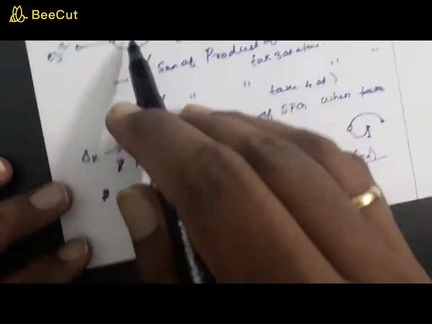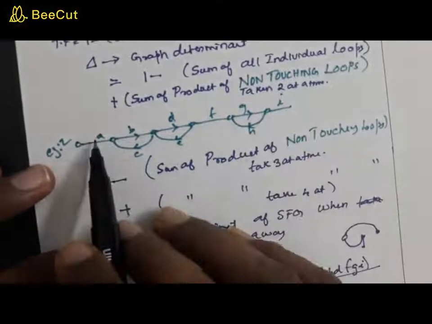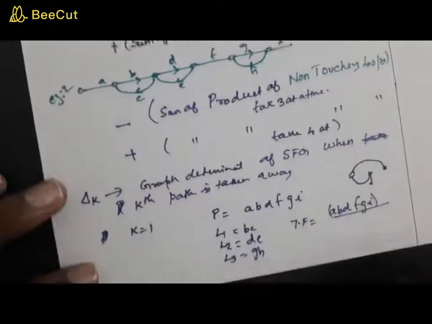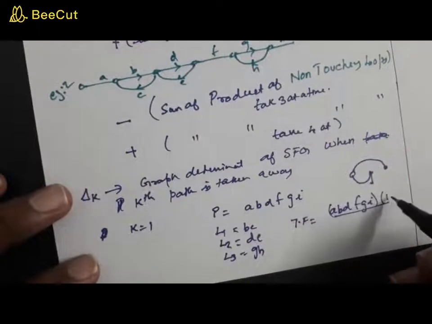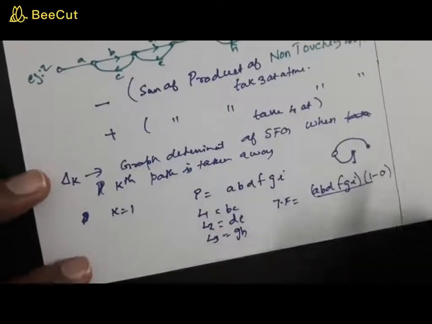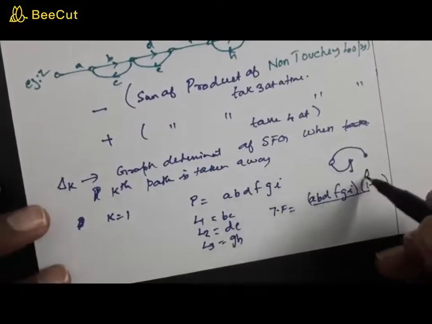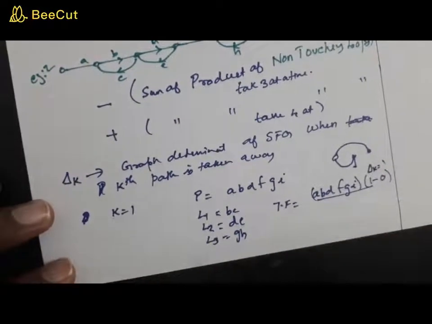And when this path is taken, that is only one path, no loop exists, right? So therefore this will be 1 minus 0, right? So 1 minus the determinant, there are no loops, that means delta k is equal to 1, right?